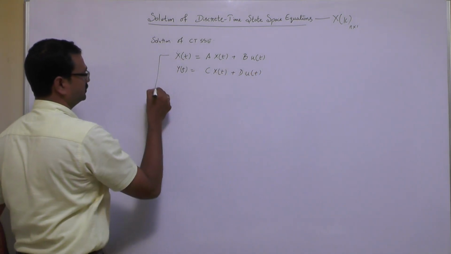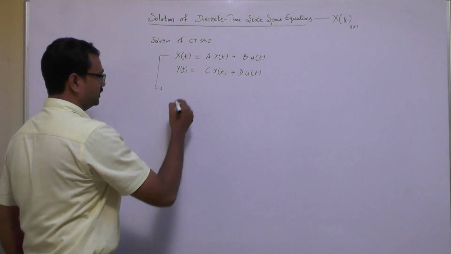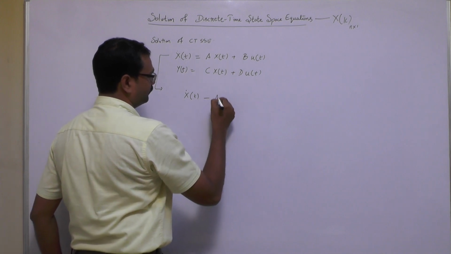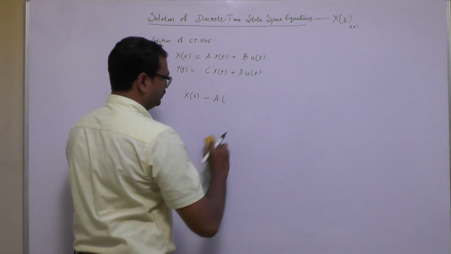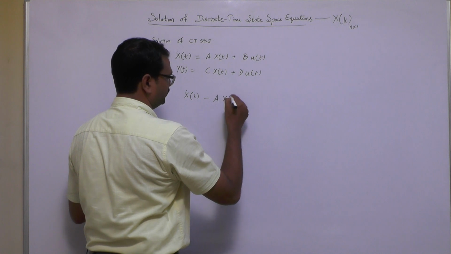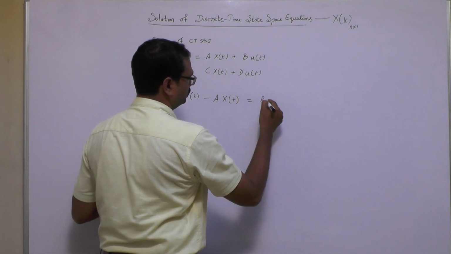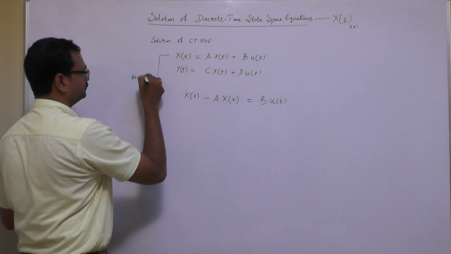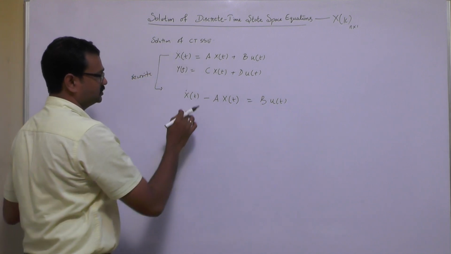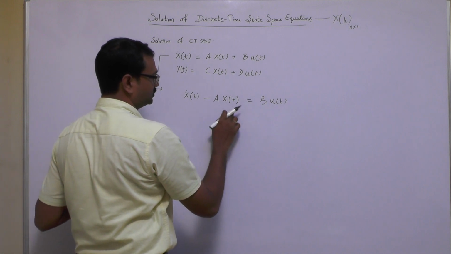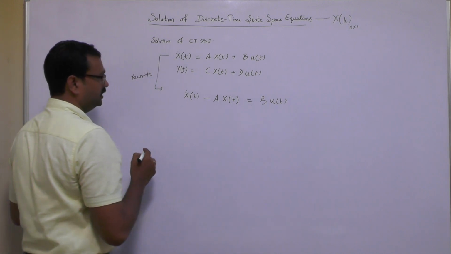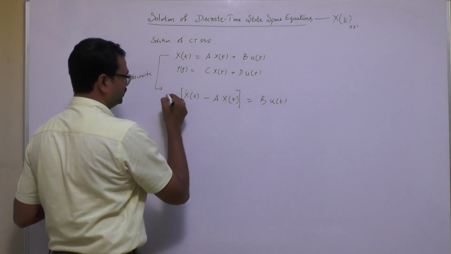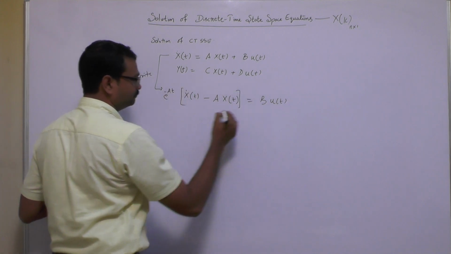Considering this state equation, I rewrite it as x dot of t minus a x of t is equal to b u of t, and multiply throughout with e power minus at.